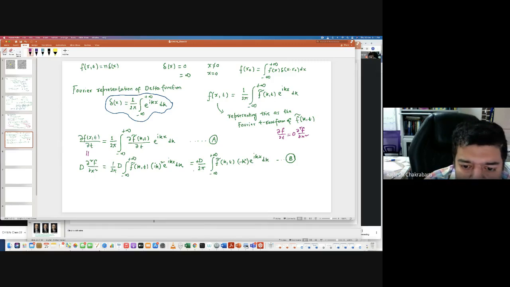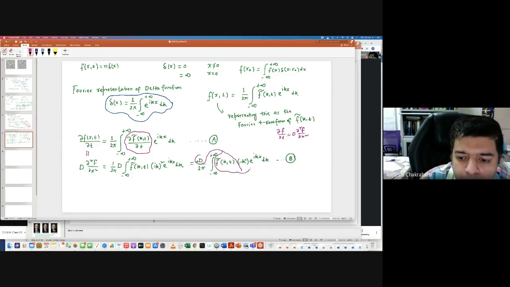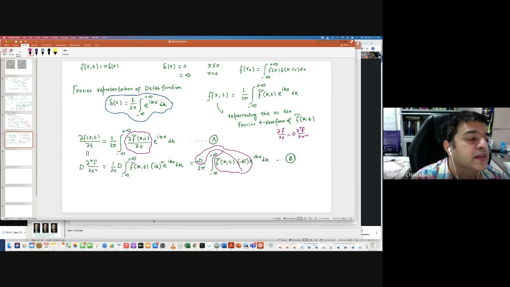Look at the structure. 1 by 2 pi will cancel anyway. But you have exponential ikx dk inside, and so basically it tells you that this part has to be equal to this, isn't it? Is this clear? Yes, sir. Is this clear to all of you?